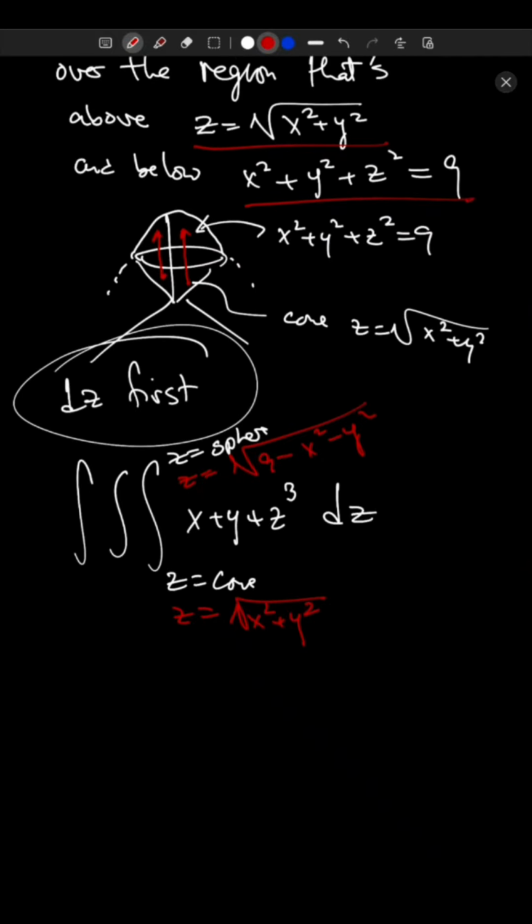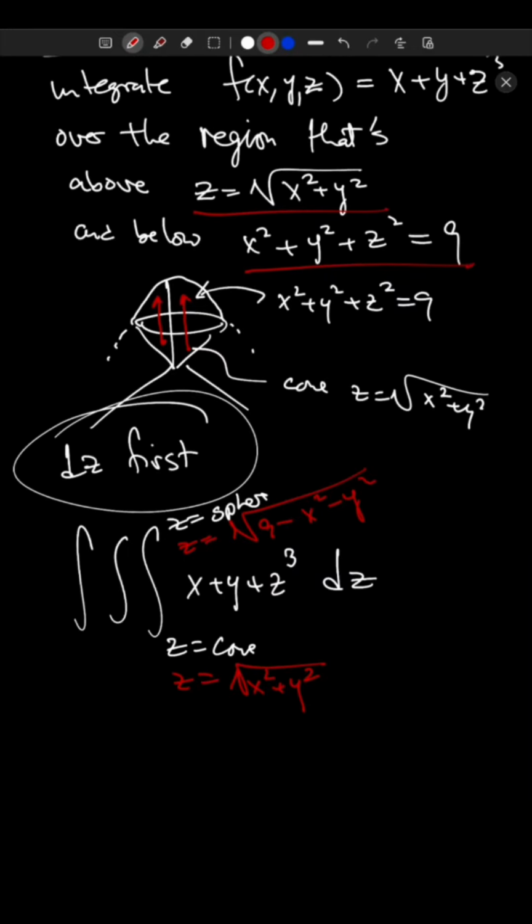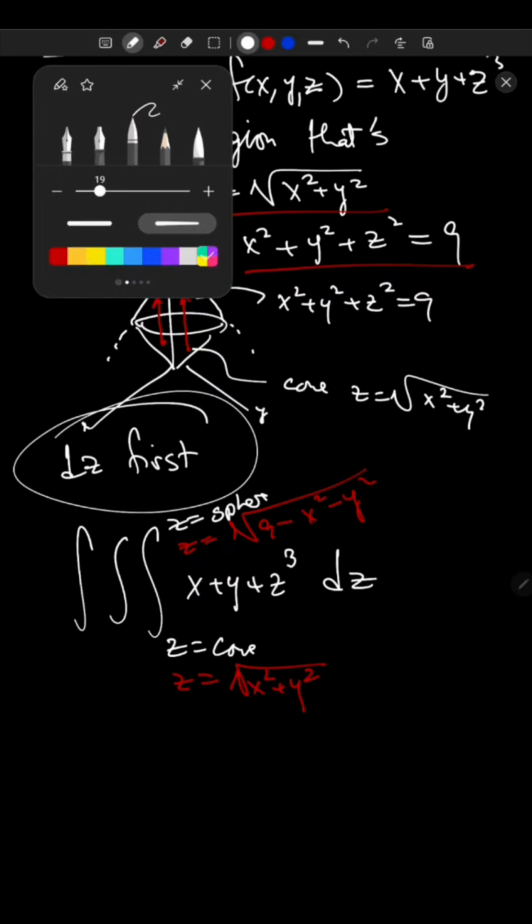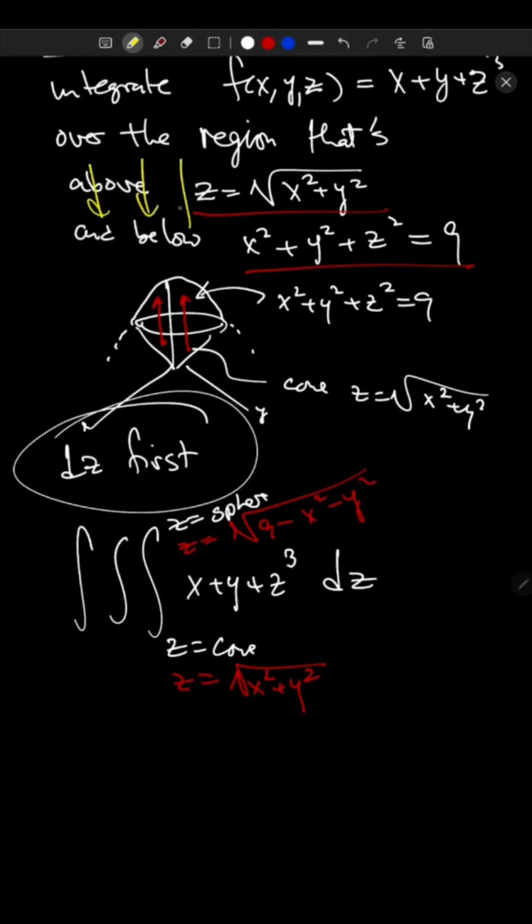The interesting part of this problem is the other two integrals, dy and dx. In this case, we have the sun shining from above, as usual for dz. What is the shadow? The shadow here is going to be circular, or at least something closed up.